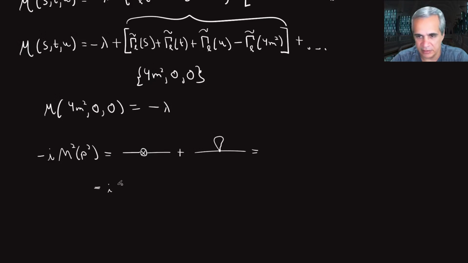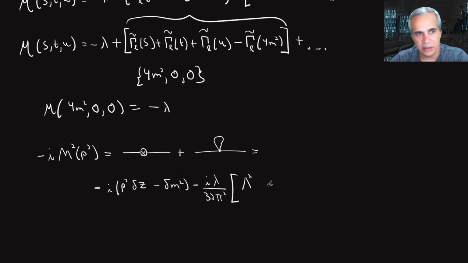This is just the counterterm, p squared delta z minus delta m squared. So this is the counterterm for the field renormalization constant and for the mass renormalization. And this is the loop we just calculated. I'll write it here explicitly: over 32 pi squared times these divergences, the quadratic divergence and the logarithmic one.